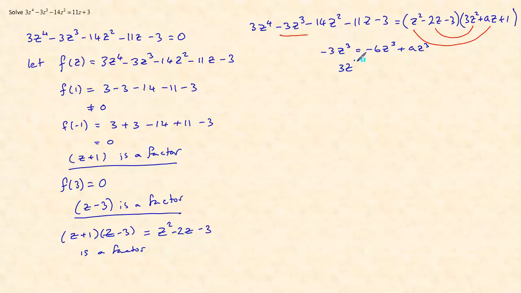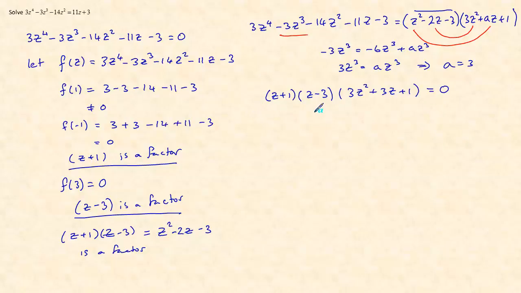So 3z cubed is equal to az cubed, and that means that a is equal to 3. So what we have is z plus 1, z minus 3, which is this, and then 3z squared plus 3z plus 1 is equal to 0.